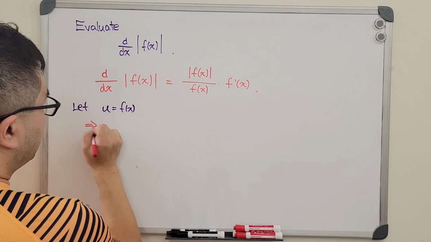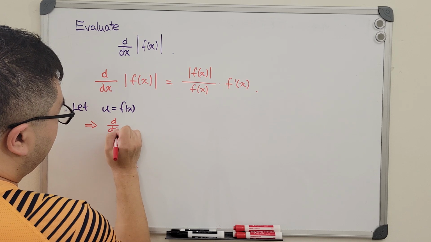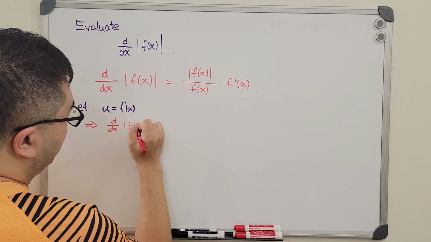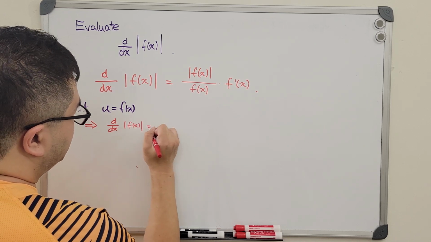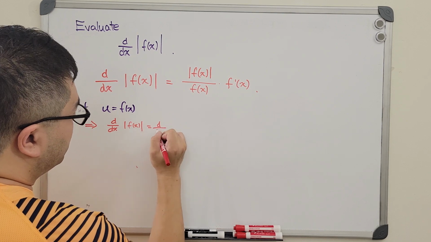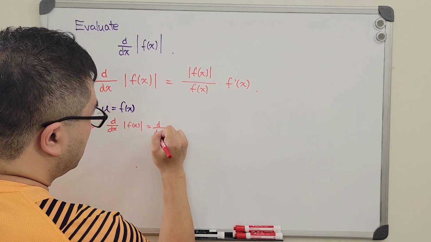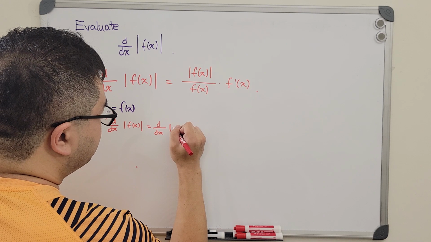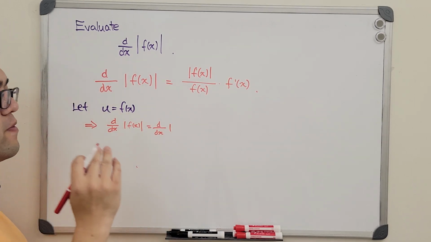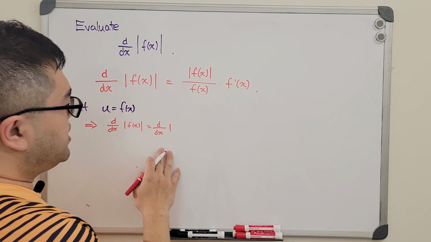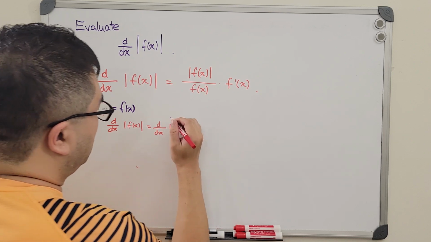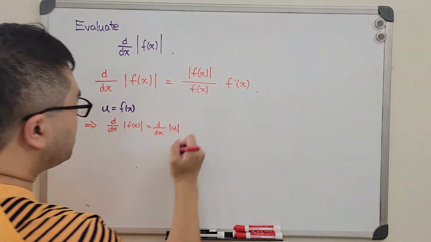Then the derivative of the absolute value of f of x is of course equal to d over dx of the absolute value of u.